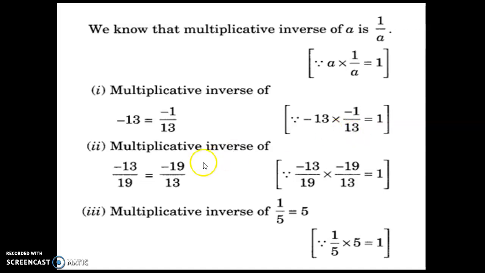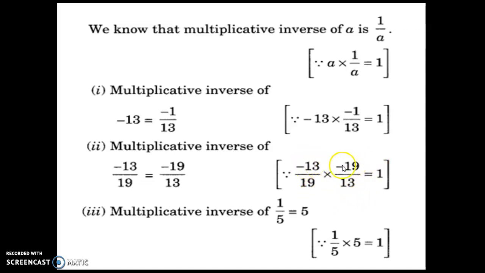The next one, minus 13 by 19. Same way, very similar to the previous problem. The only difference is that here some number is given in the denominator instead of 1. So you have to put the numerator in the denominator and the denominator in the numerator. 13 will get cancelled and 19 will get cancelled.